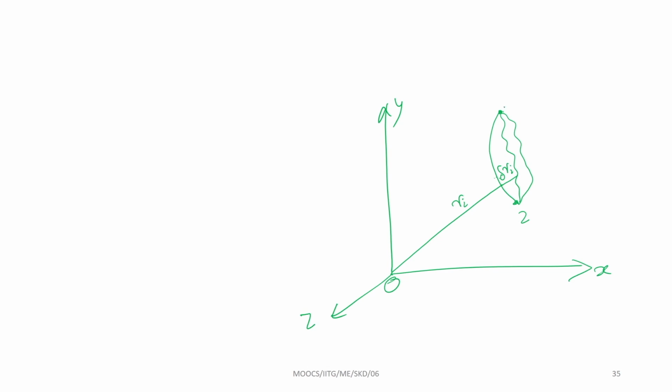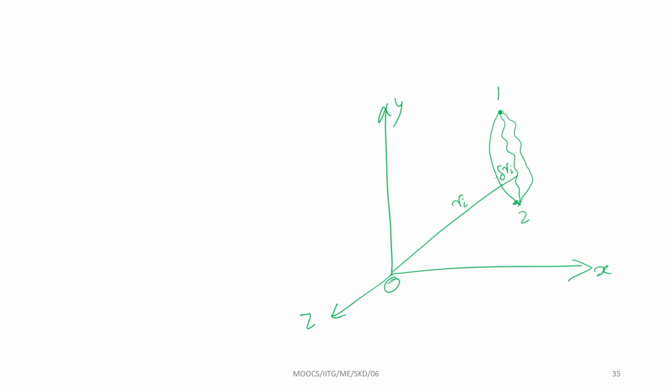Let it be moving from position 1 to 2. The assumption in this extended Hamilton principle is that the varied path and the true path intersect at points 1 and 2.